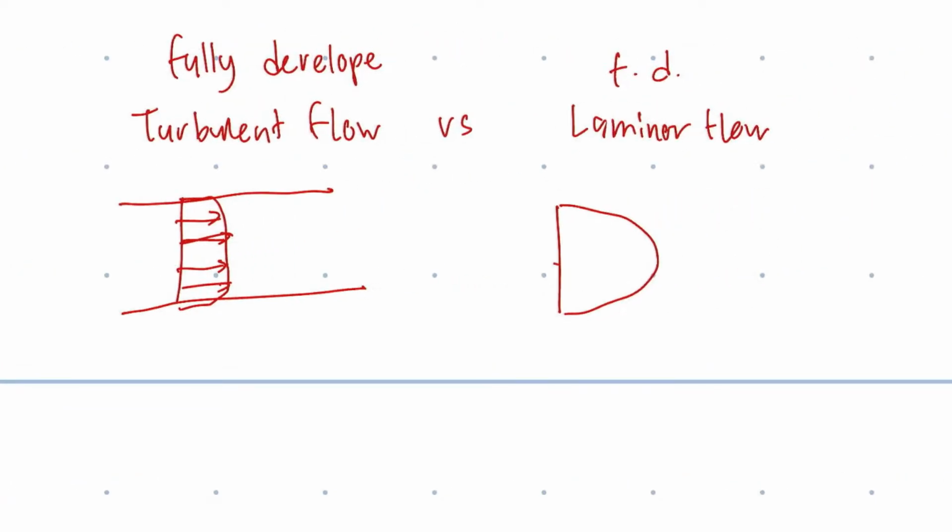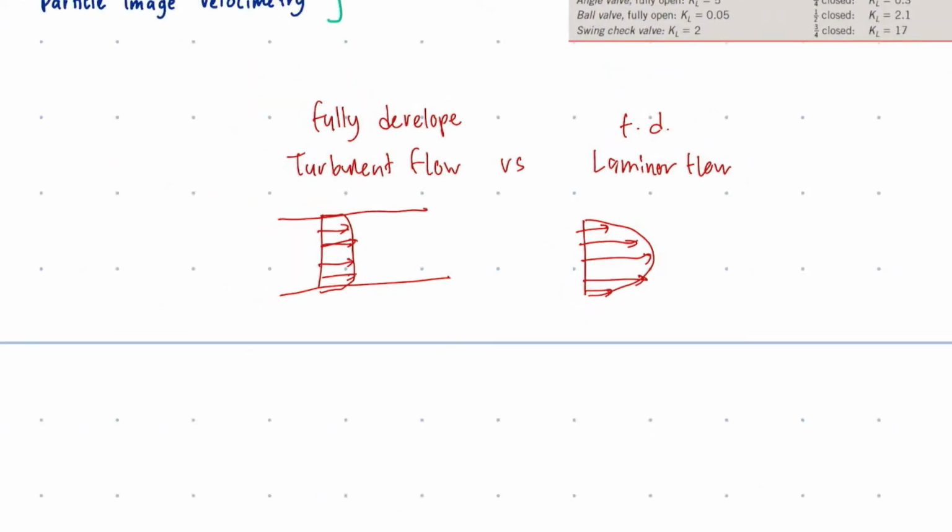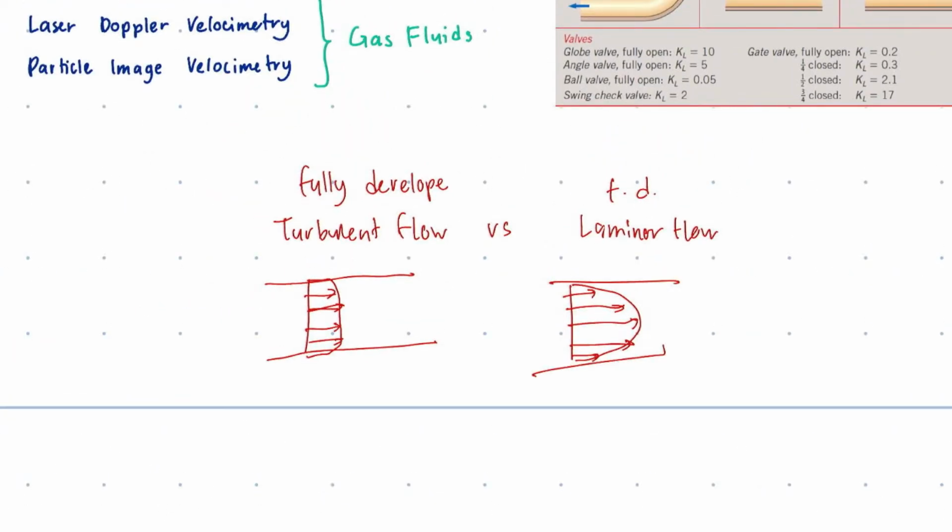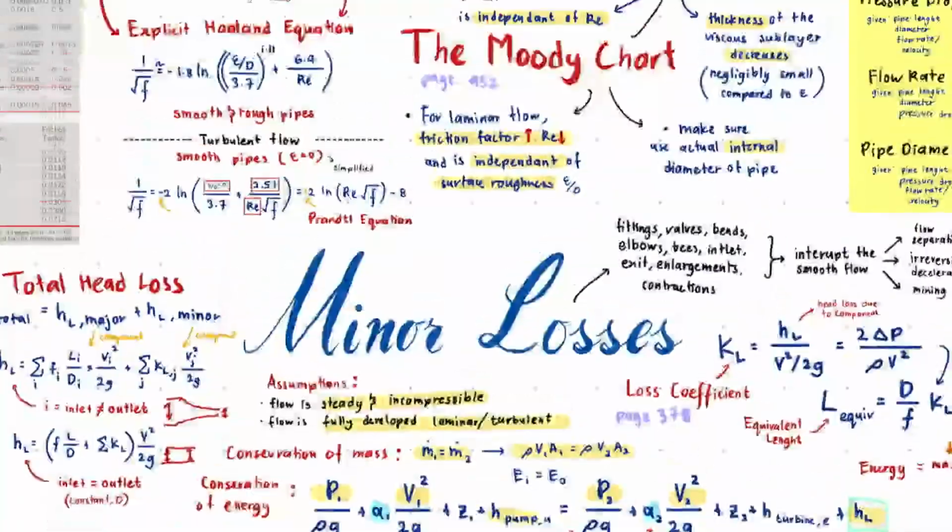So if they ask you to sketch or graph, you already know how to graph it. Okay, so these are different. Although both of them are fully developed, the velocity profile will be different. Okay, that's all.